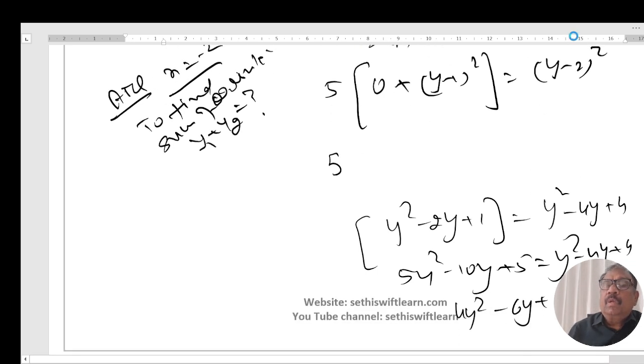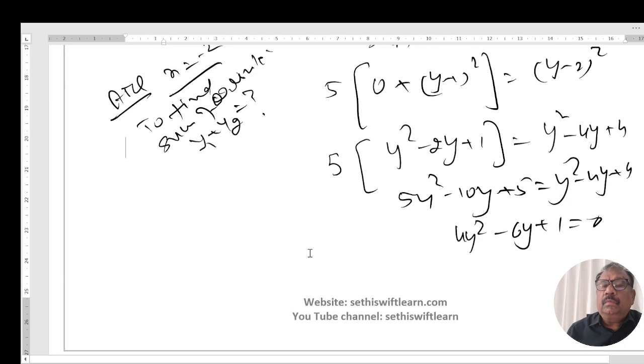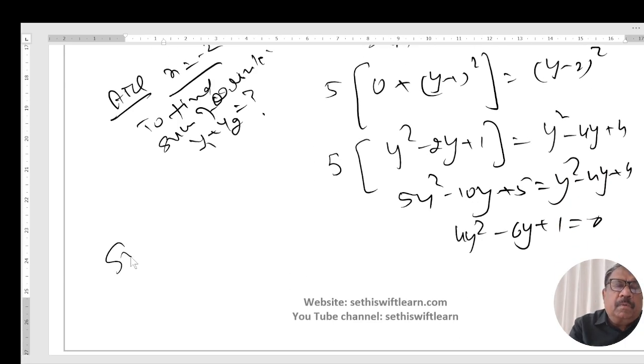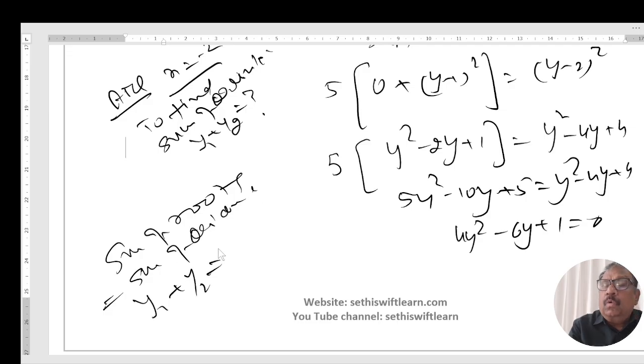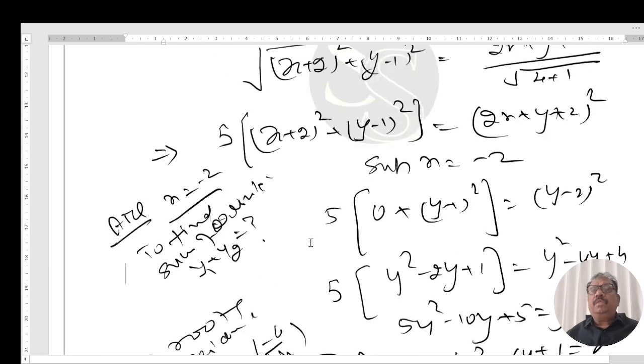Then the sum of the roots, that is the sum of ordinates, y1 plus y2 equal to minus b upon a, that is 6 upon 4, which comes out to be 3/2. This is the answer. Let's check it.